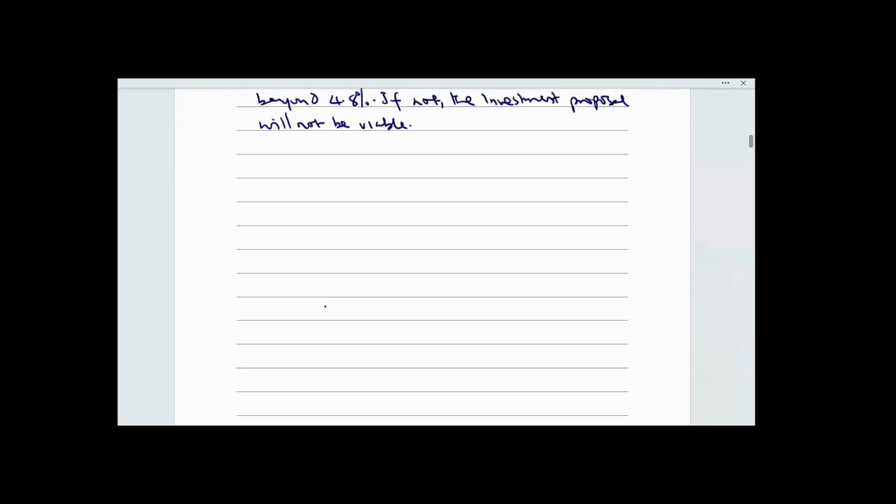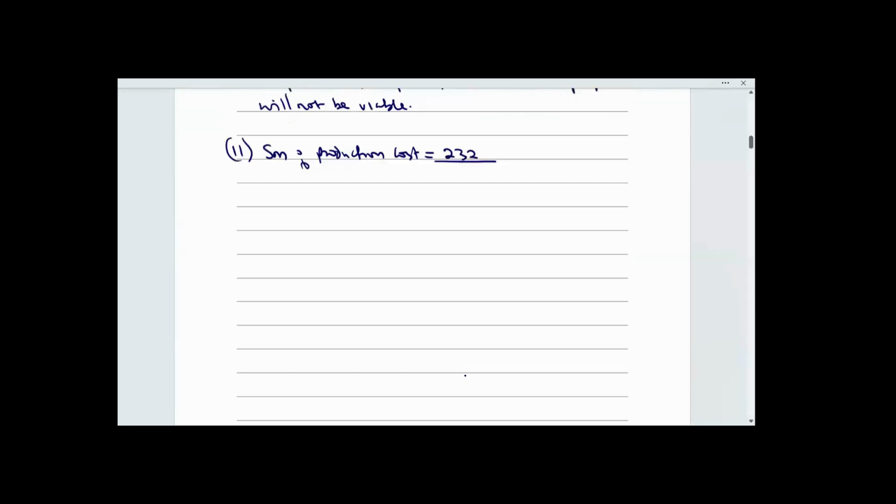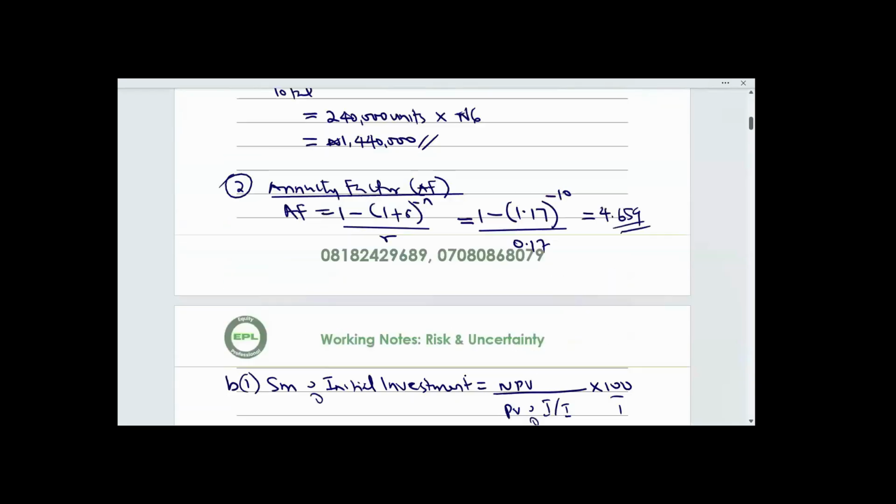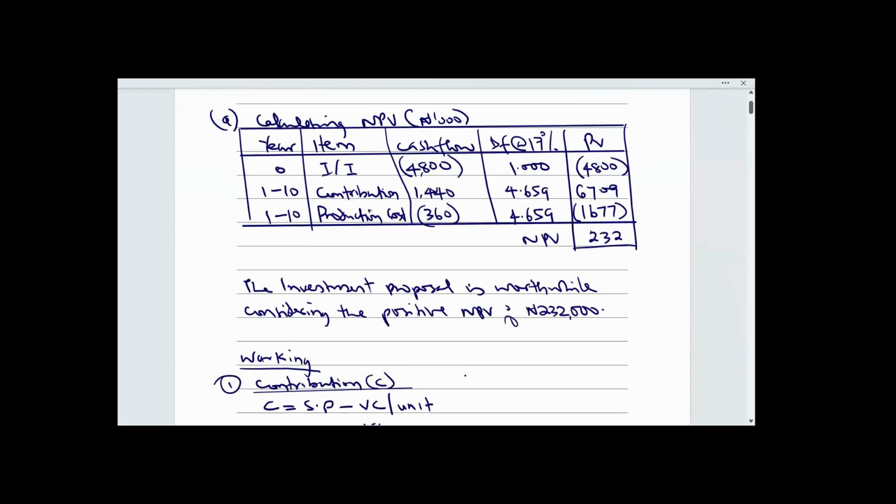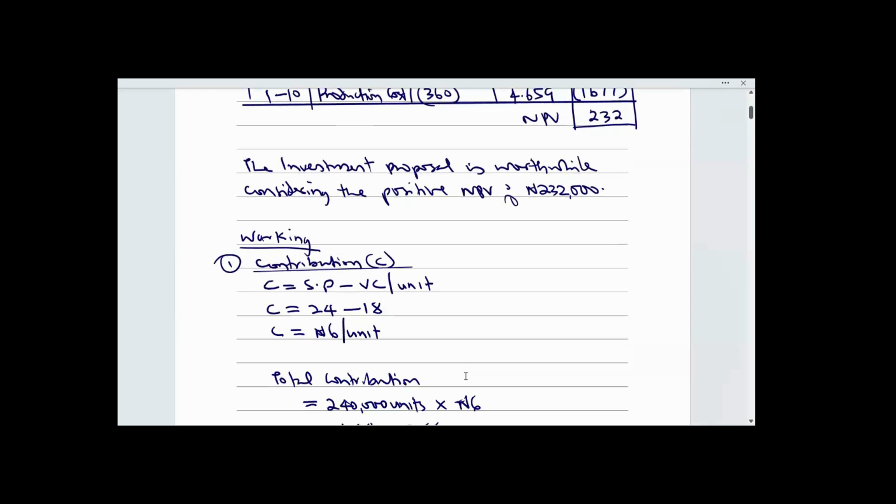Then number 2, the second variable we are given in the question is production cost. So sensitivity margin of production cost. It's still the same formula, NPV divided by the present value of production cost. So NPV is 232, and the present value of production cost, based on our initial calculation, is 1677.